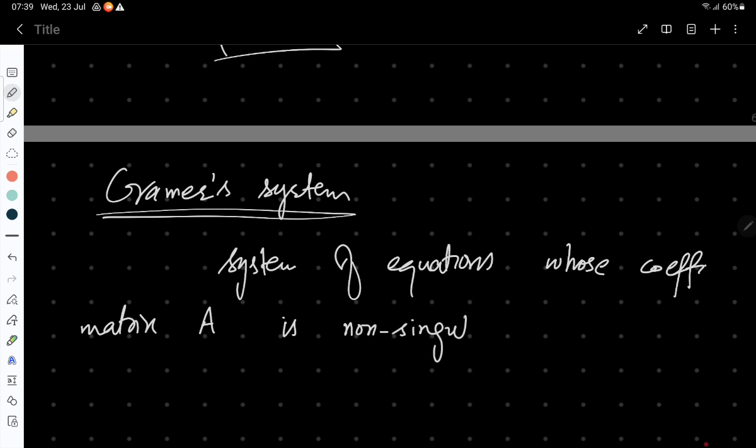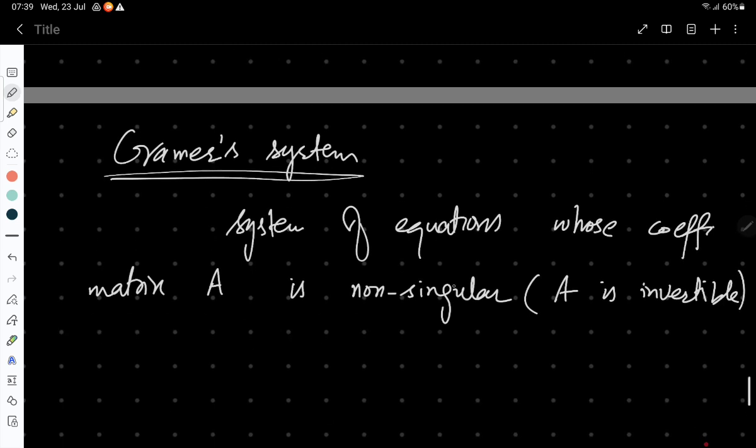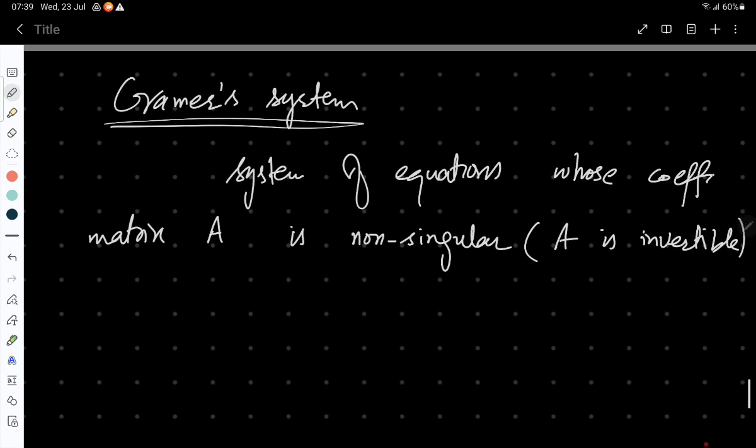Non-singular means it is invertible, which means it has an inverse. In other words, the determinant of A is not 0. I told you that if the determinant of the matrix is non-zero, then the matrix is non-singular.